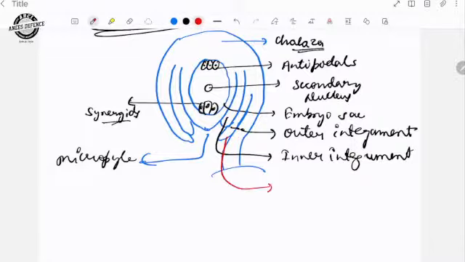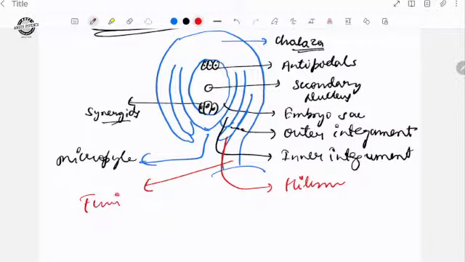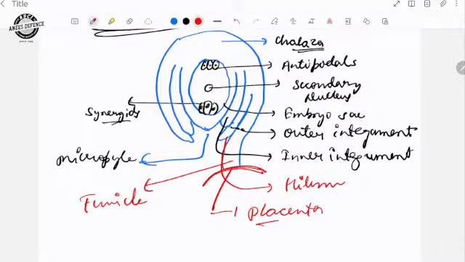This is termed as hilum. This is funicle. And the last one, through which it is attached, is known as placenta. All the terms you should remember, because any part can be asked in the NEET exams.